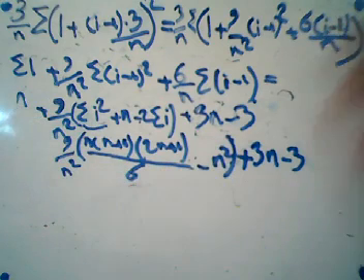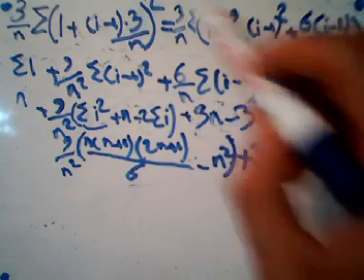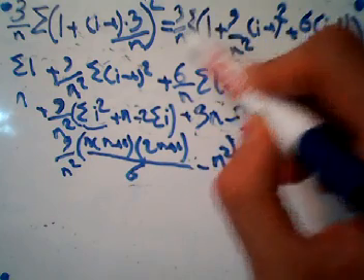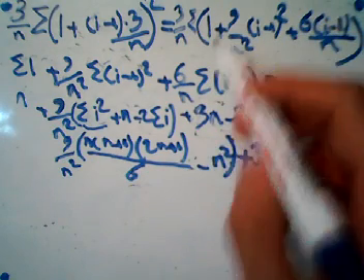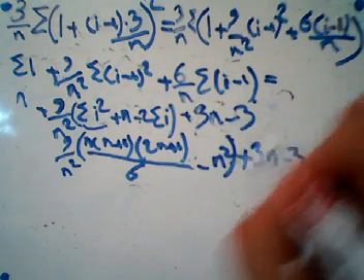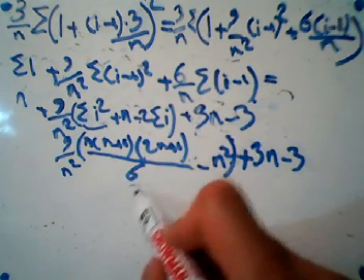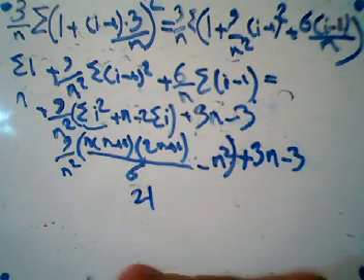That would be 7n, and the whole thing should be multiplied by 3 over n. And 7n times 3 over n would be 21.